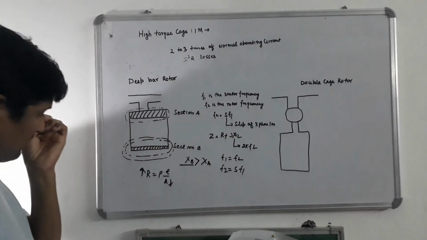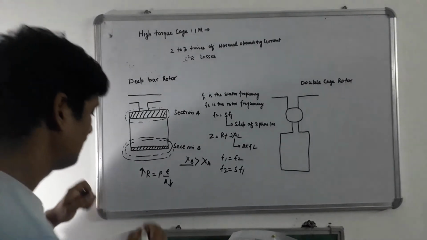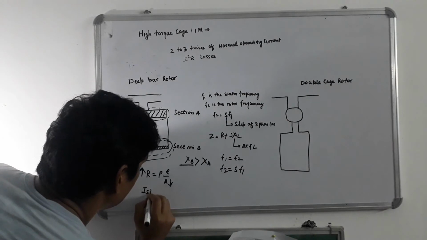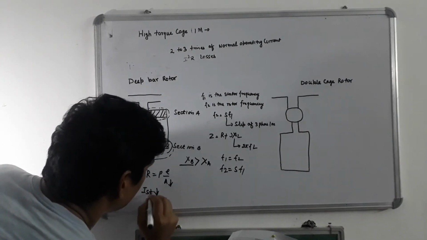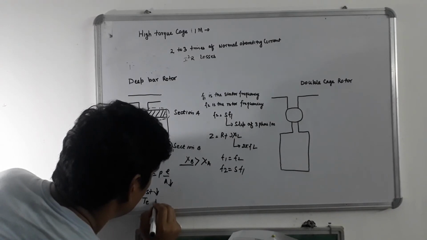If R is increased, then the starting current IST is decreased and torque will be increased.